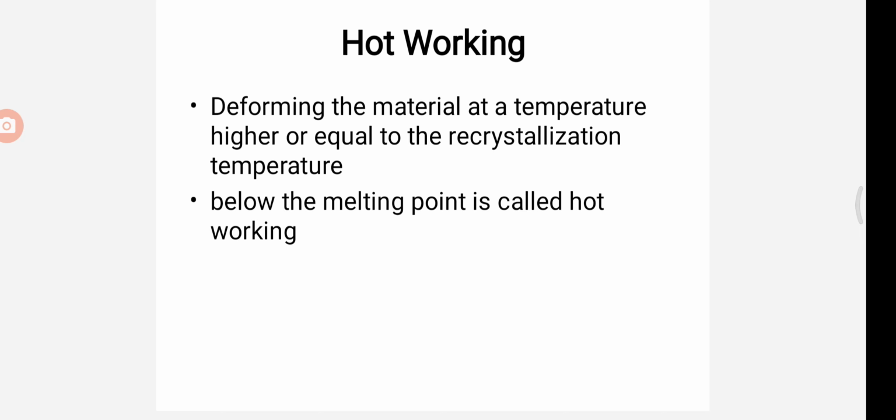It may also be defined as the plastic deformation of metals and alloys under different conditions of temperature and strain rate. The recrystallization temperature is defined as the minimum temperature at which complete recrystallization of the metal takes place within a specified time.